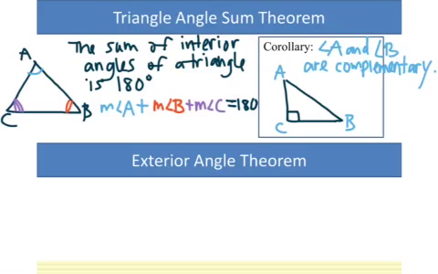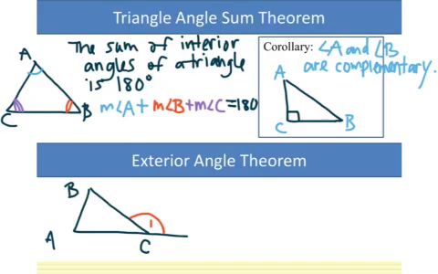The exterior angle theorem also comes from the triangle angle sum theorem, but I'm going to draw a picture for you and then tell you what the exterior angle theorem says. So given this visual, you have triangle ABC, and then you have this exterior angle. You have some angle outside of the triangle. Well, the theorem says that this angle, the measure of angle 1, is always going to be equal to the sum of the two angles in the triangle that are not adjacent to that.